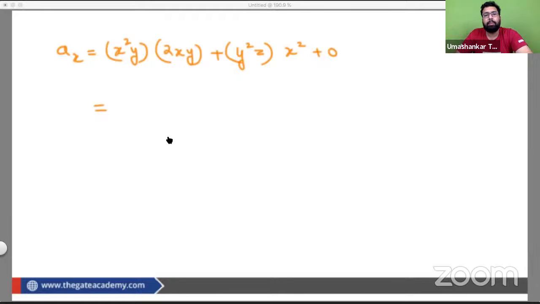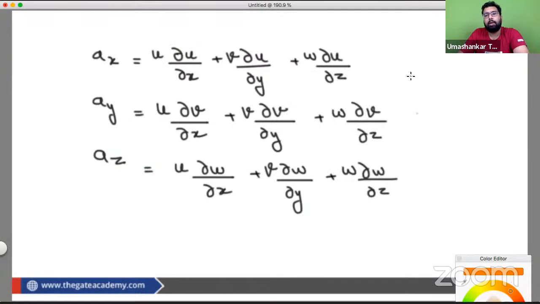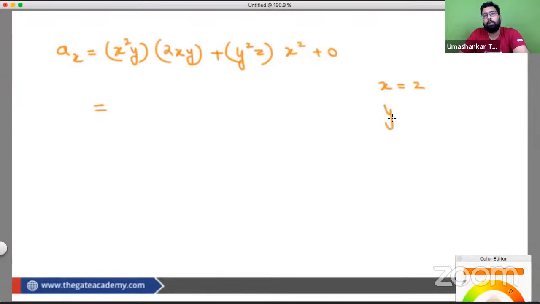Now we can put this. So we can directly put it here. X is equal to 2, Y is equal to 1, Z is equal to 3.